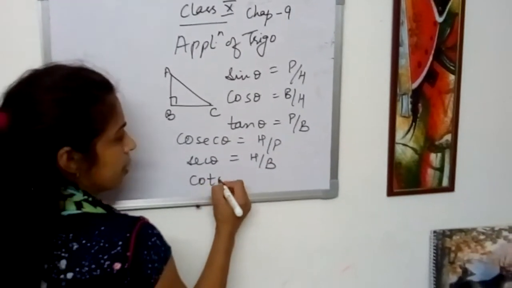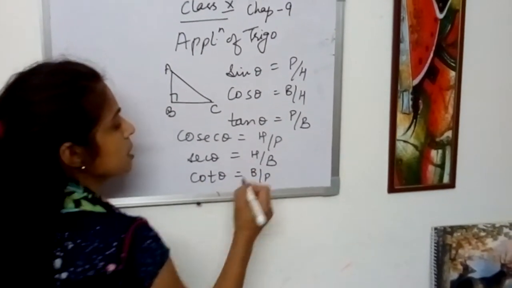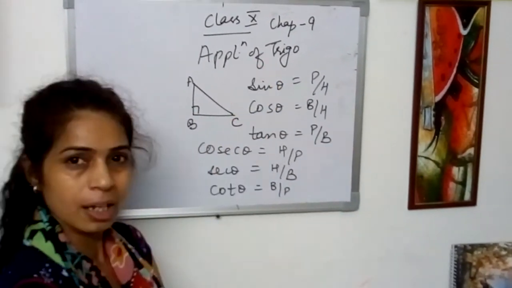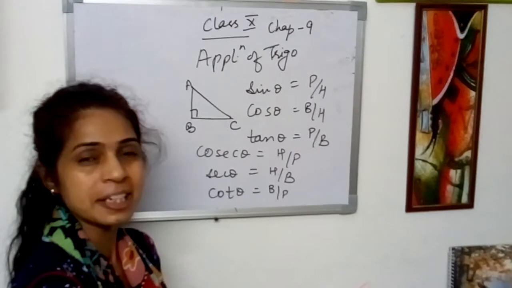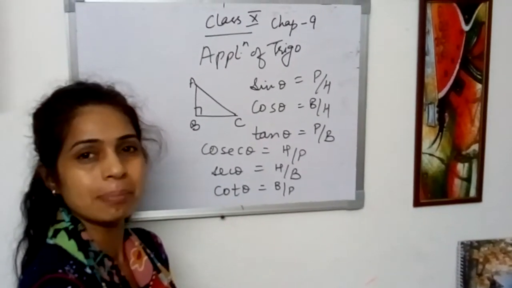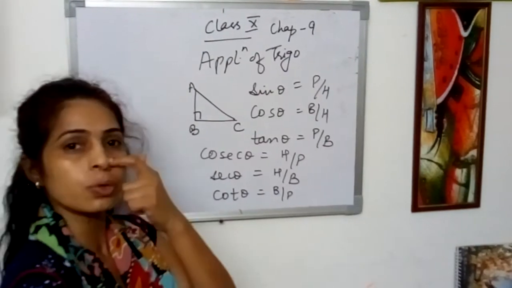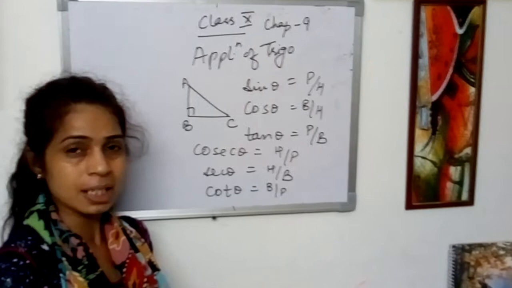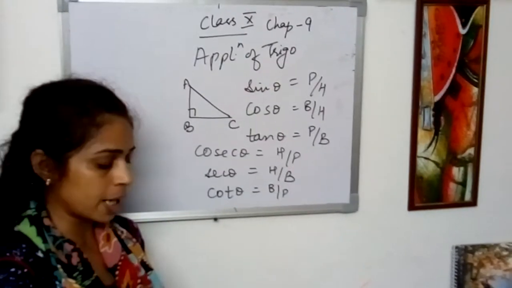Also, we know the reciprocals of these trigonometric ratios, which are given by cosec theta, sec theta and cot theta. Now, in this chapter, which is application of trigonometry, we will be using trigonometric ratios to find heights and distances of various objects without actually measuring them. So, this chapter is going to help us out with finding the distances of the buildings and their heights without actually measuring them.